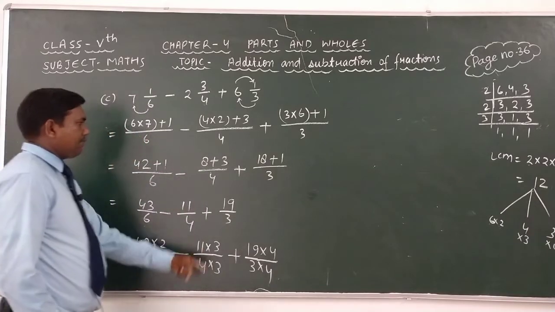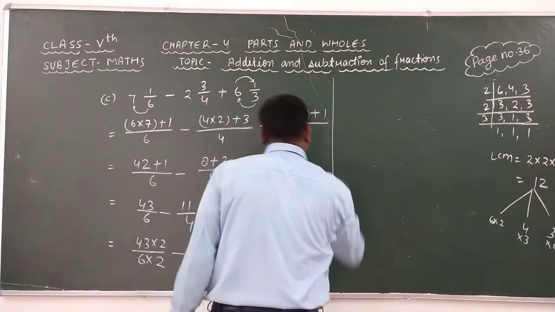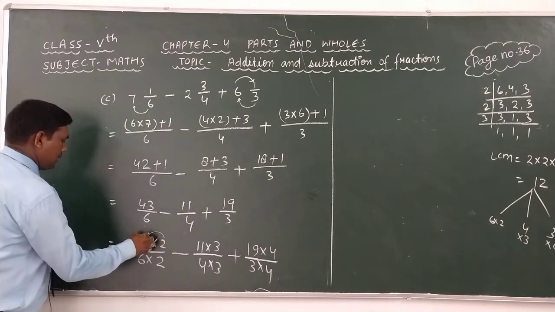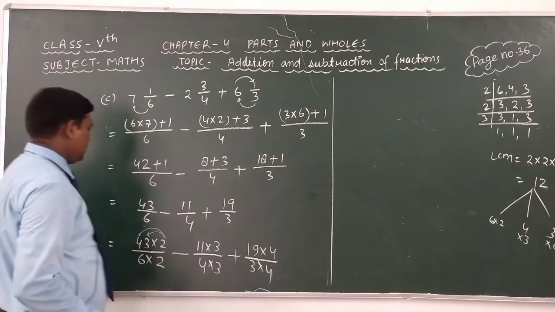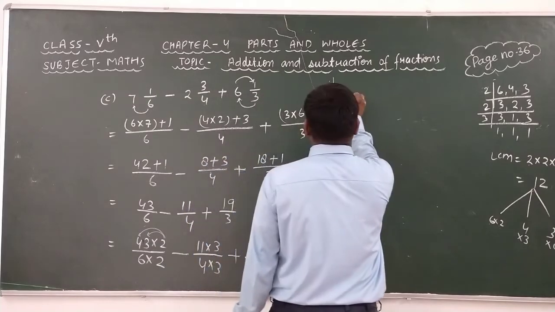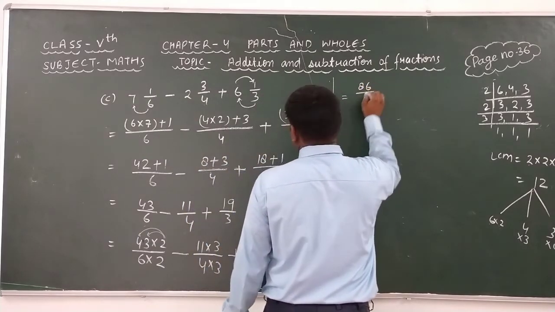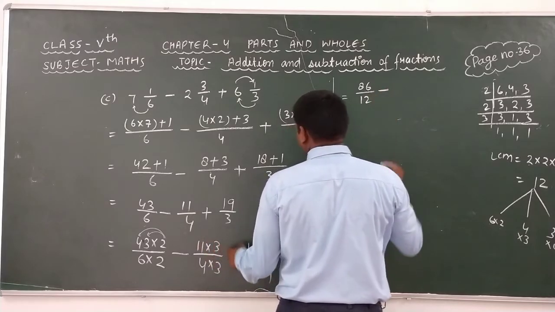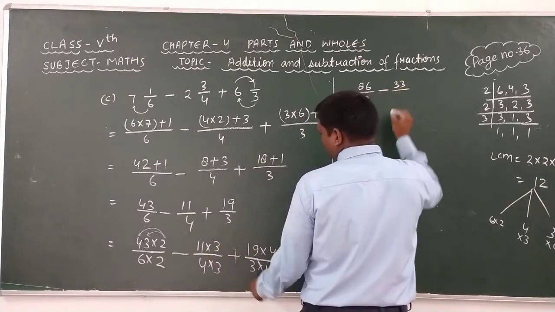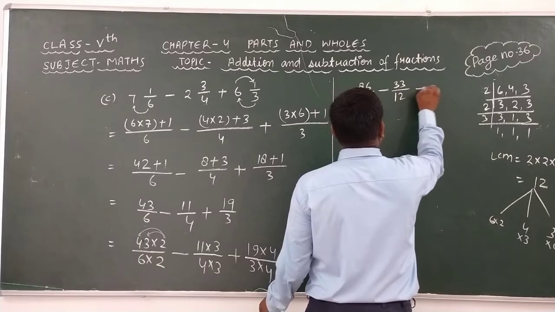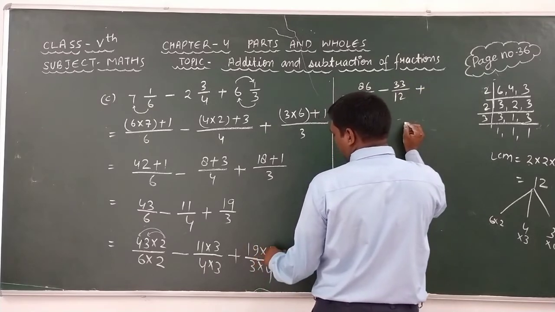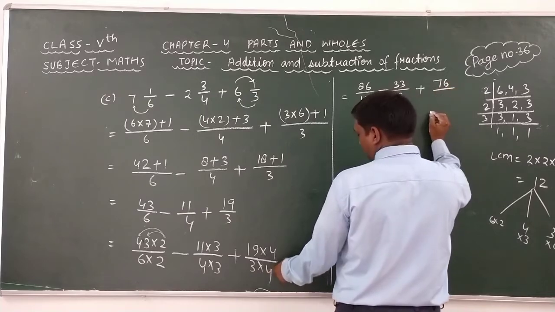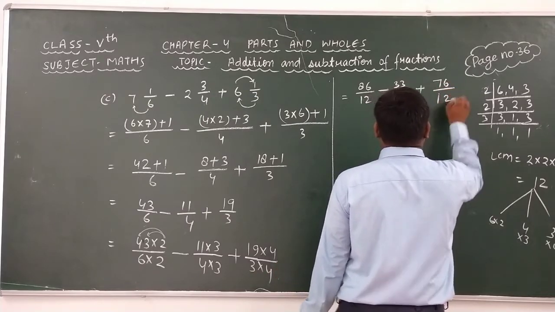After multiplying these we get 43 2s are 86 over 6 2s are 12 minus 11 3s are 33 over 12 plus 19 4s are 76 over 3 4s are 12.